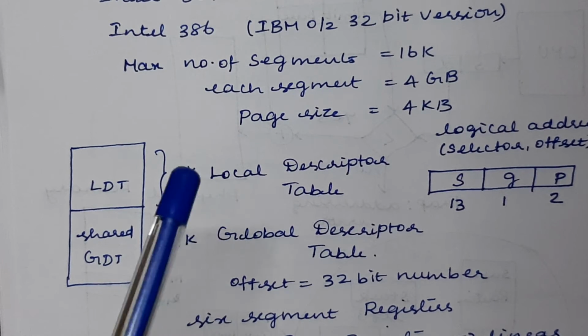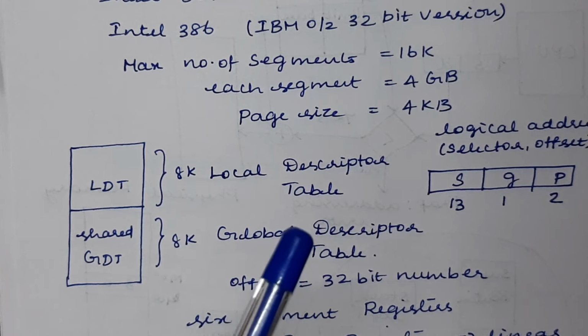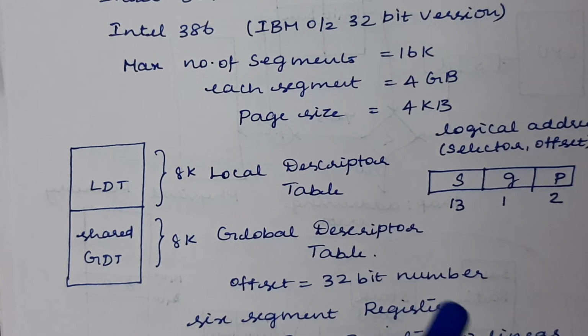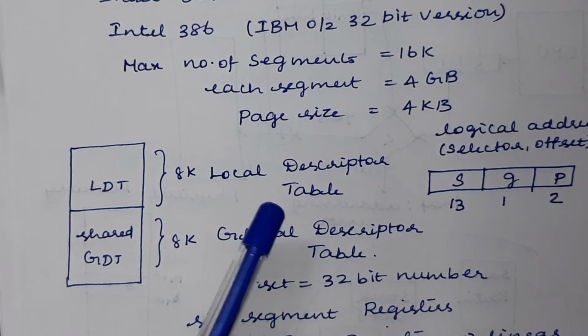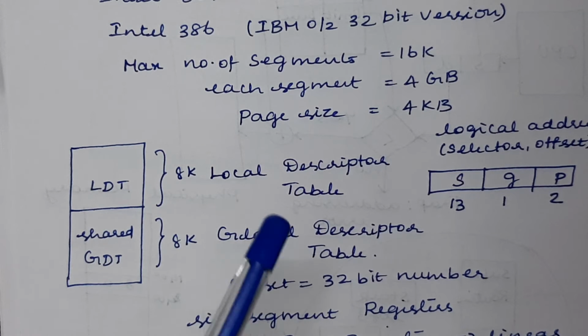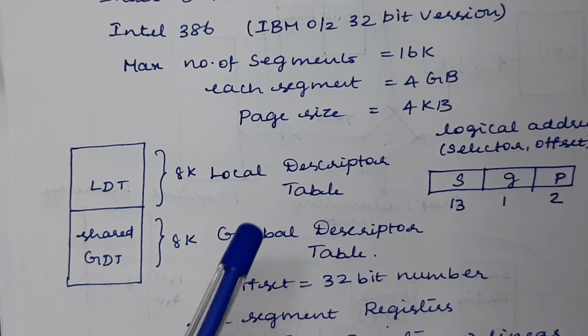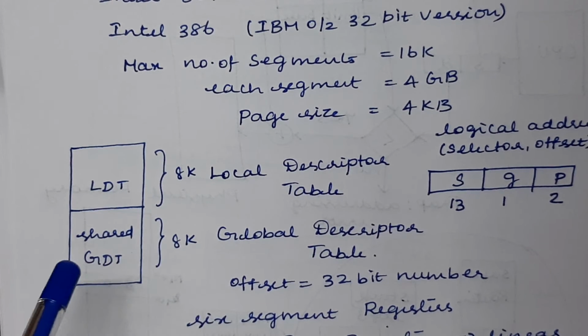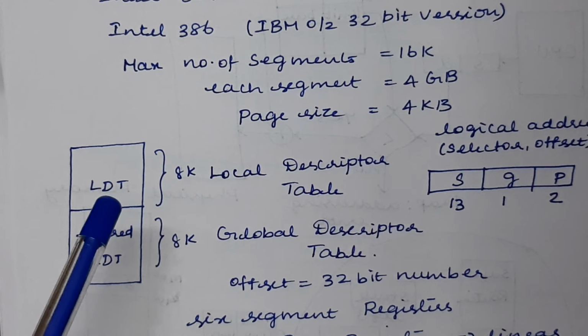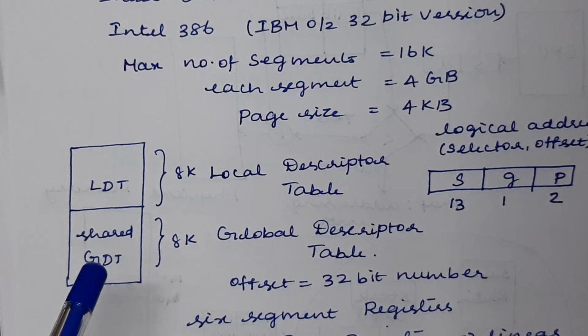Suppose the segment is available in memory and can be shared by many other processes, that means global descriptor table. We differentiate these two kinds of segments with the help of the local descriptor table and the global descriptor table. Global means we share that particular segment among many other processes, whereas local means it belongs to a single process. This is the difference between these two descriptor tables.